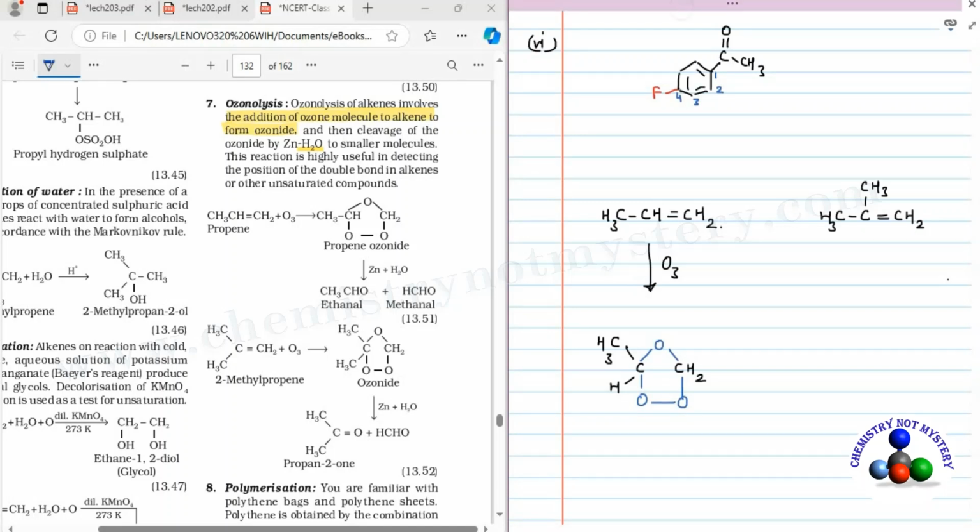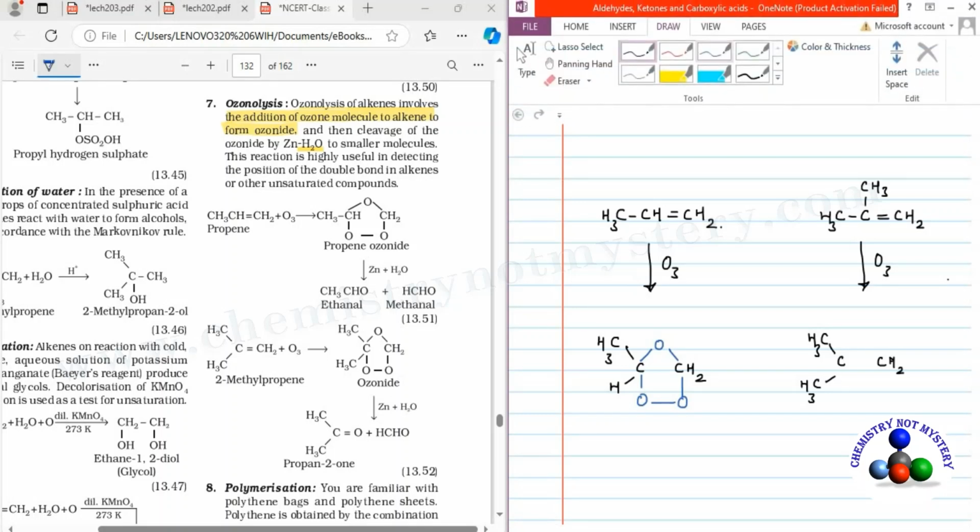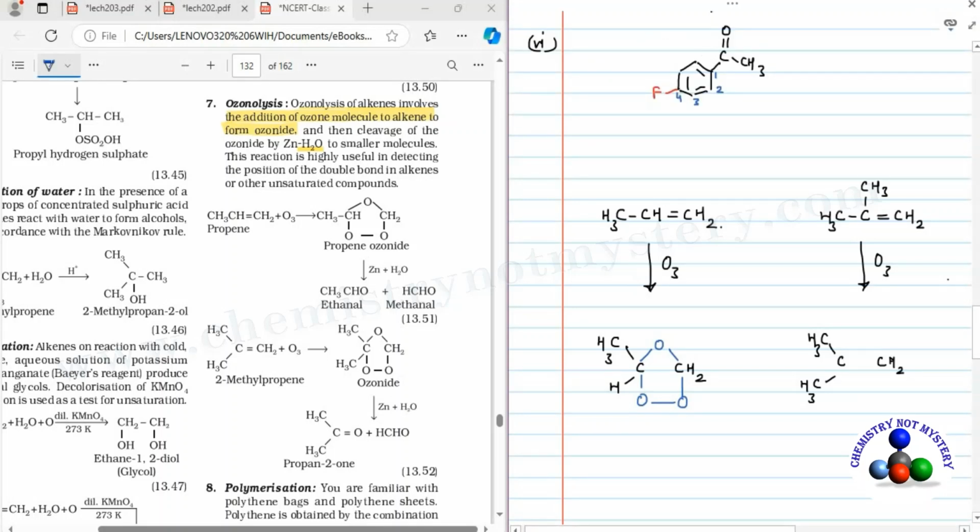In the same way, you can draw the ozonoid for the second alkene. Here, this is carbon. It is bonded to CH3 on both the sides. This is CH3 and here it is CH2. Now attach oxygen.